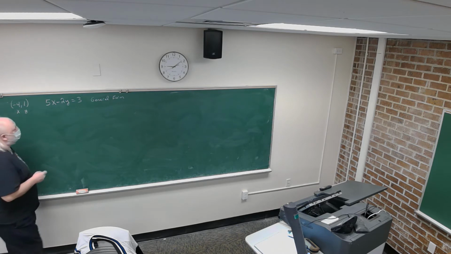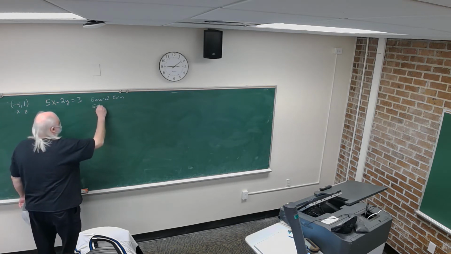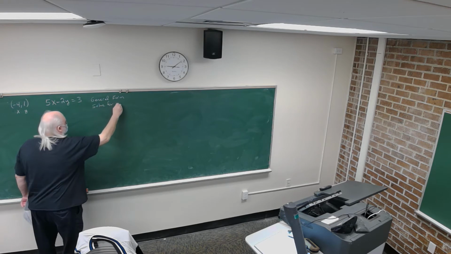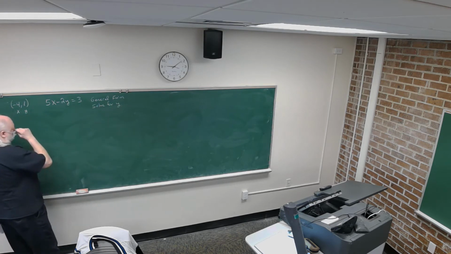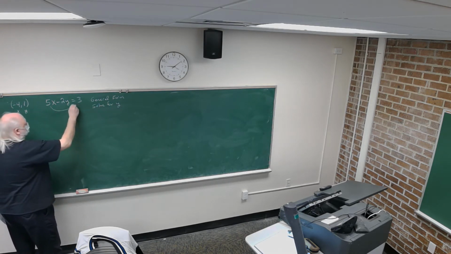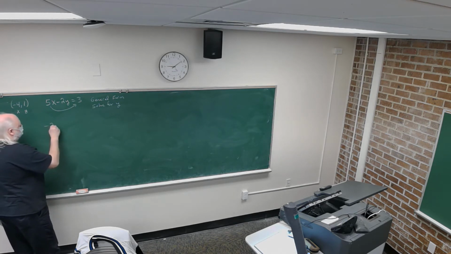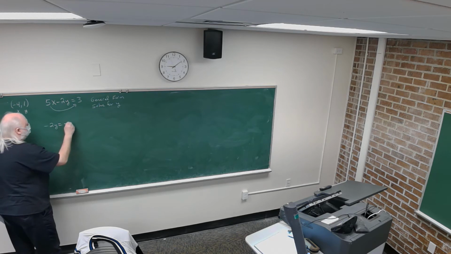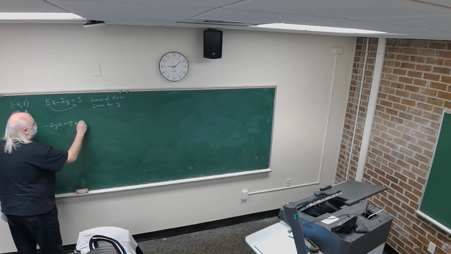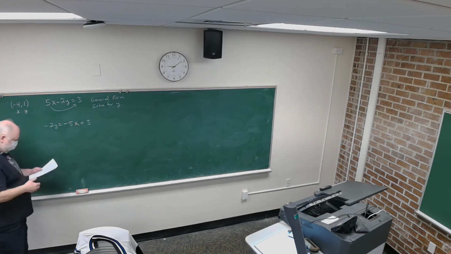So we got to solve for y. And so one approach is first to move the 5x to the right-hand side via subtraction. Minus 2y is equal to minus 5x plus 3.